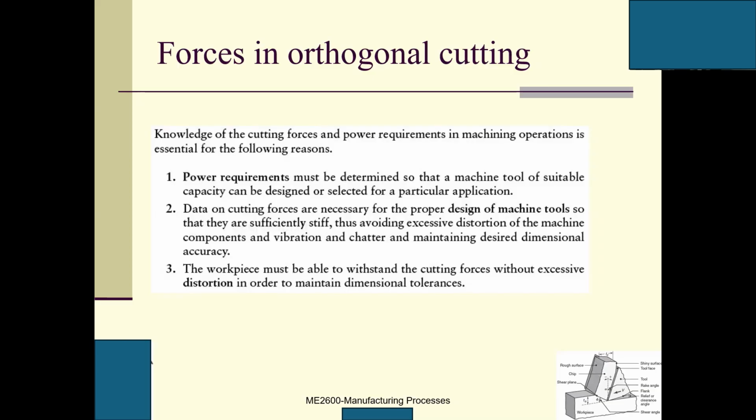So the third one: the workpiece must be able to withstand the cutting force without excessive distortion in order to maintain the dimensional tolerance. As I said, you must put the force there on the tool or on the workpiece. If this workpiece cannot withstand the required cutting force, it will be distorted before you can remove some layers off.